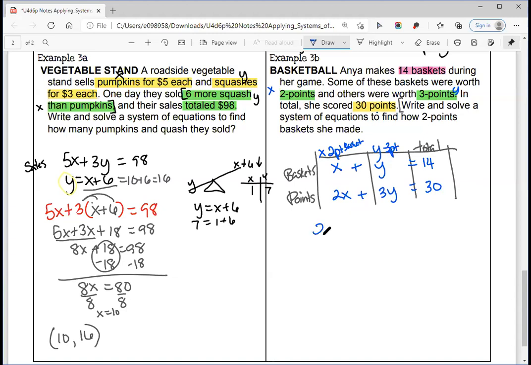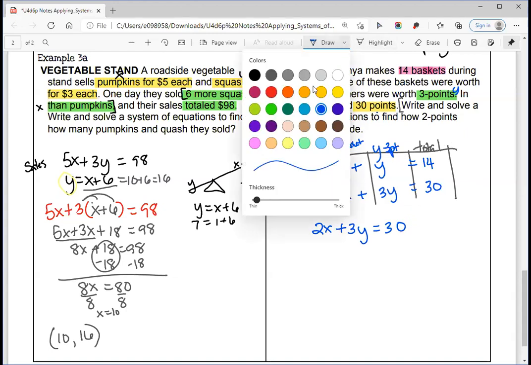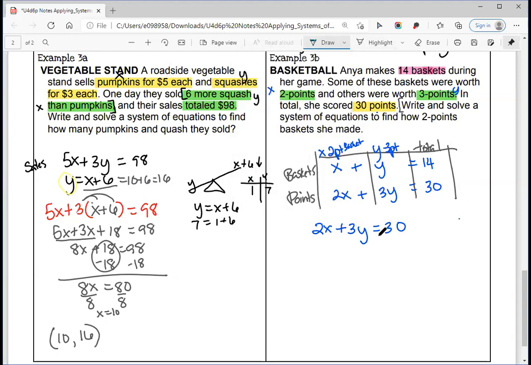What method? You could move over the X or the Y, or you could do elimination. What would I need to multiply times X to make it the opposite, negative 2X? What would I have to multiply times all of this? Yes, ma'am. Negative 2, guys.